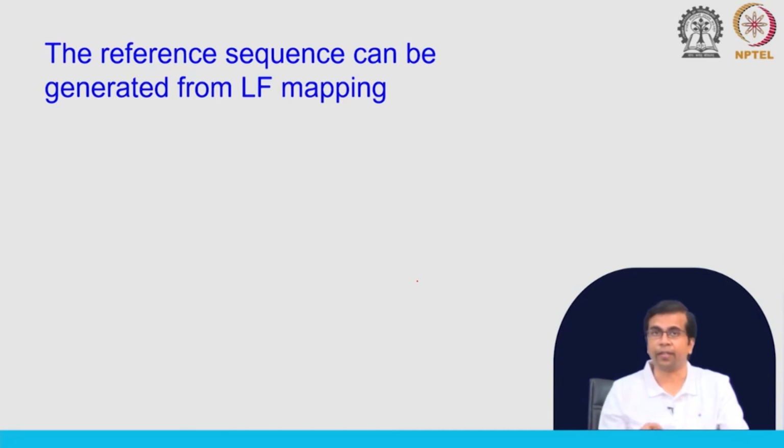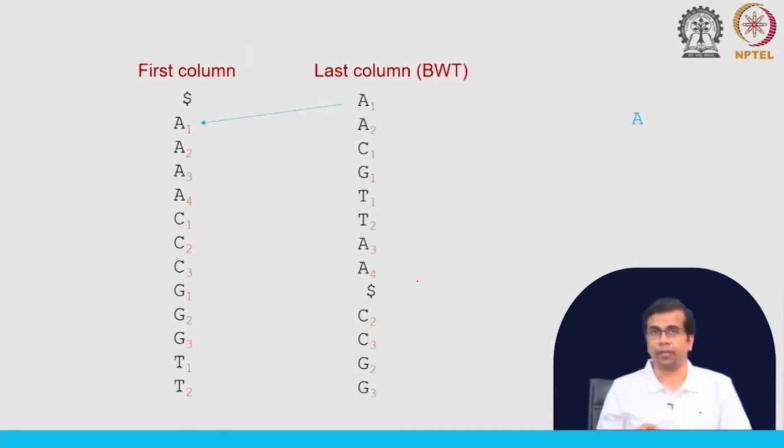I will illustrate that in a moment. Here is the first column, and we have the last column, which is the BWT. Remember, we can generate the first column from BWT. We have generated this, and what we will do is this last first mapping, or something called traversing.